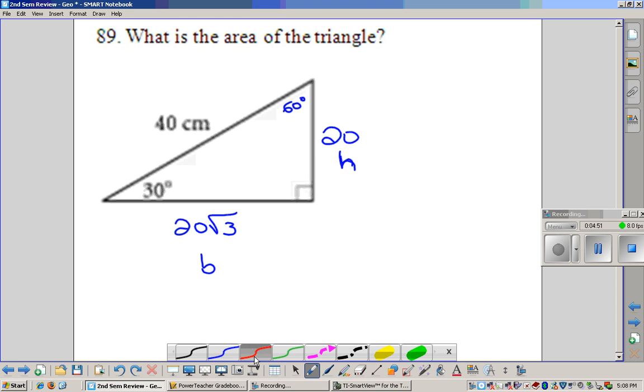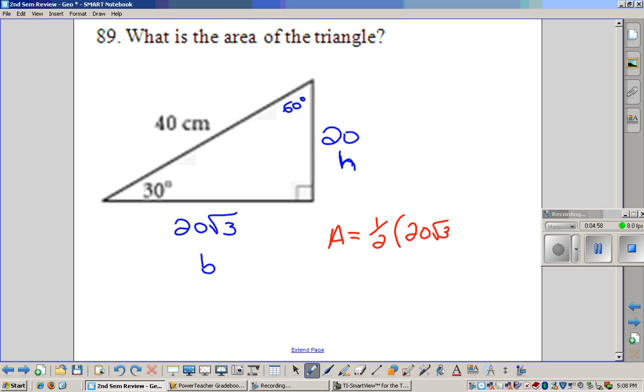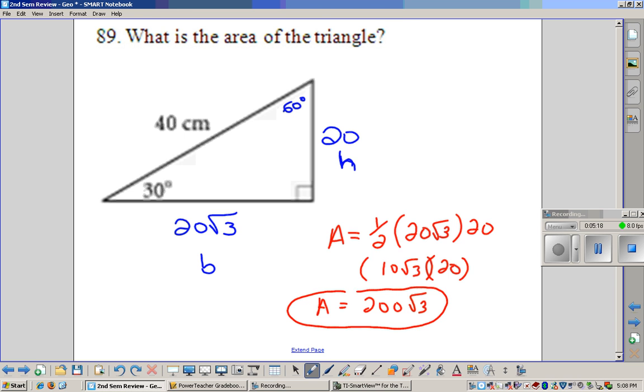So now we'll just use the area formula: area equals 1/2 base times height. The math behind all this: 1/2 of 20 root 3 will be 10 root 3, times 20 will be 200 root 3. And you do not use distribution here like some people think that you do.